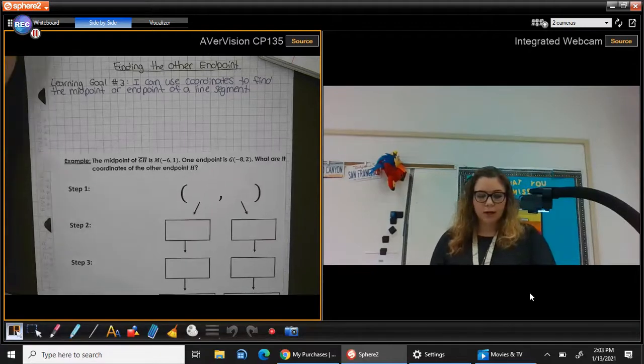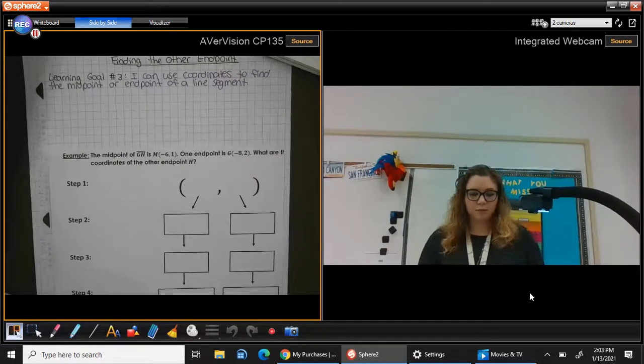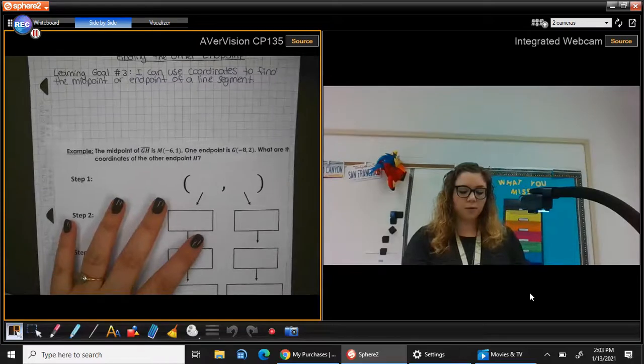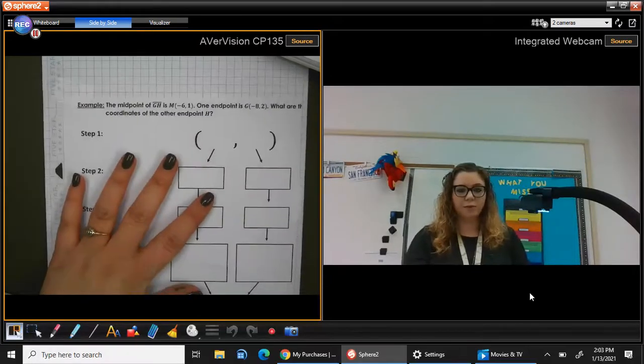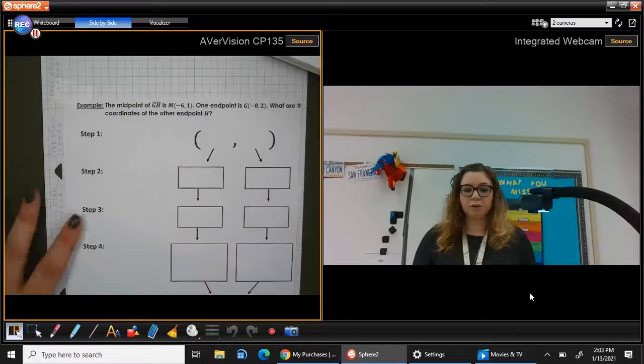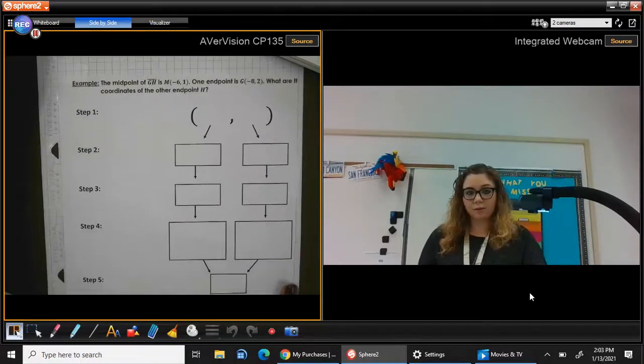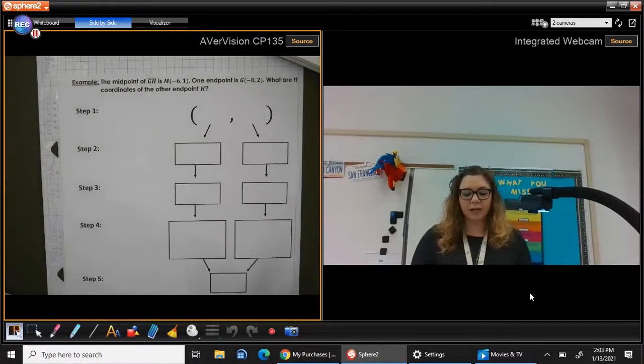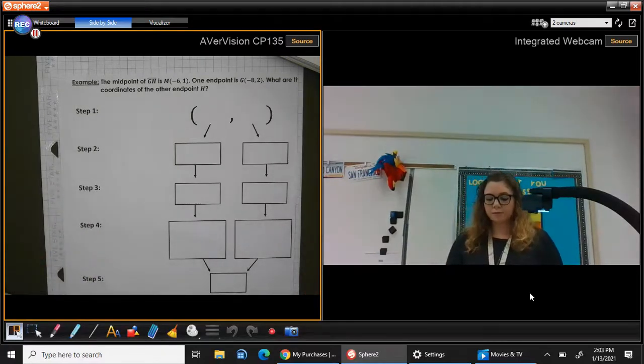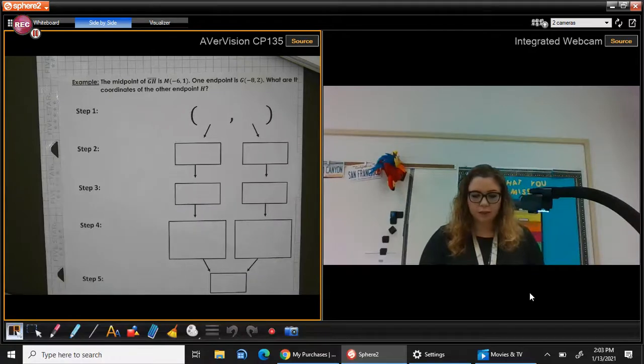Okay, but I do have this little sheet of paper on Canvas if you want to print it out. If not, you don't have to. You can just draw it yourself, because this is the only kind of guided notes that you're going to need to print out for this lesson. Okay, and we're going to do it step by step.